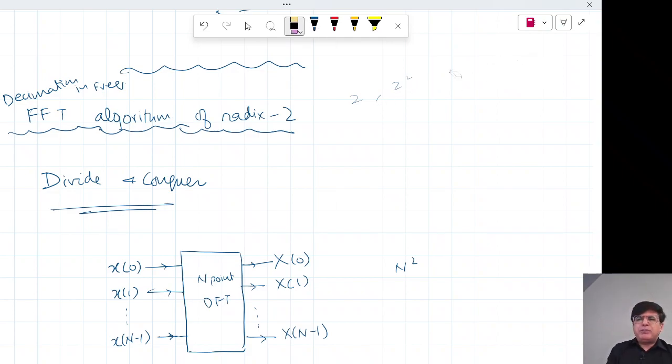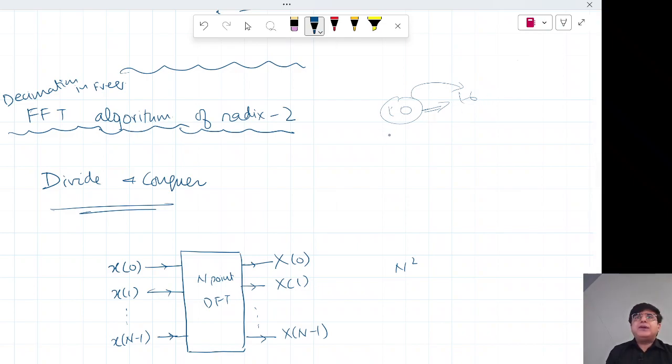Now, is that a problem? Not really. If you have a sequence, for example, of length 10, you can just append zeros next to the sequence such that from 10 it becomes 16, and then compute the DFT using the FFT algorithm.